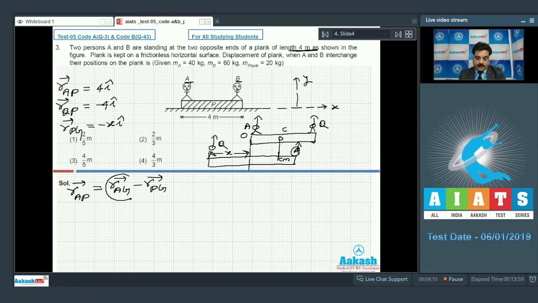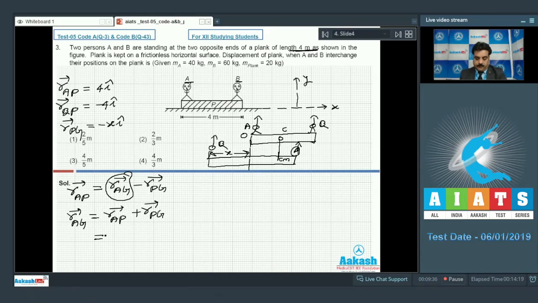But I need to calculate this one, so we write the displacement of A with respect to the ground will be the displacement of A with respect to the plank plus the displacement of the plank with respect to the ground.